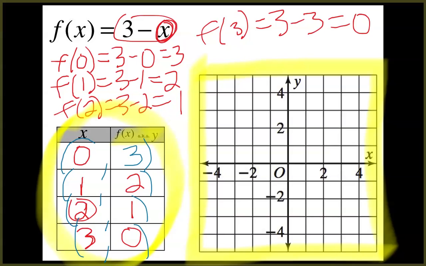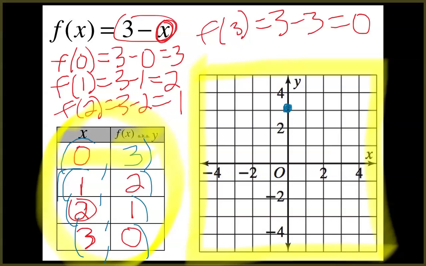Those are all points that I can plot on my graph. So let's do the first one first. Let's do (0, 3). That's easy. I just start at 0 and I go up to 3 and put a dot there. Okay? That's not the whole function, but that's one point on the function.